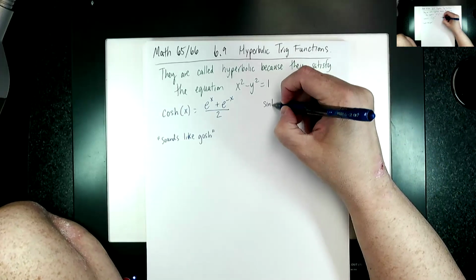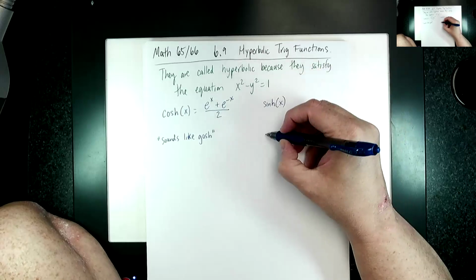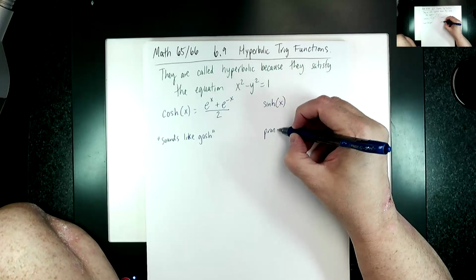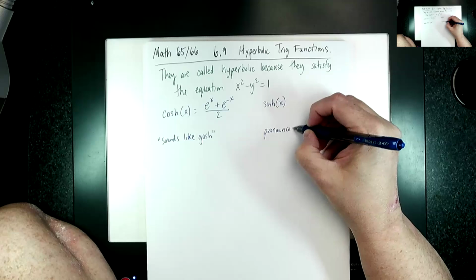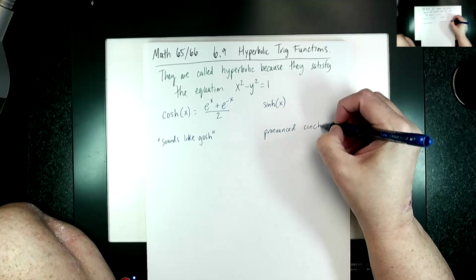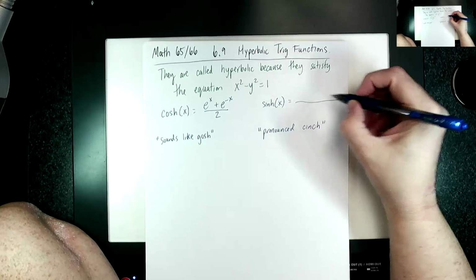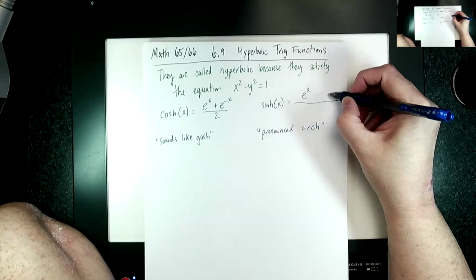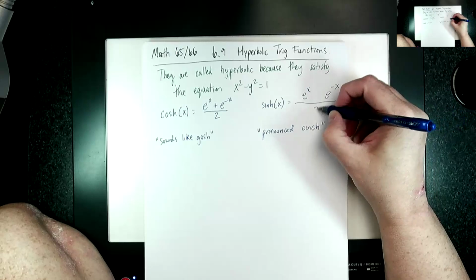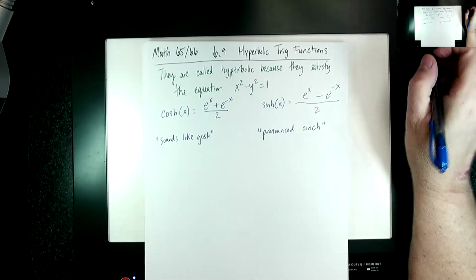And the hyperbolic sine function, pronounced sinh, is almost identical. We have e to the x, we have e to the negative x, we have a 2. The only difference is it's negative.